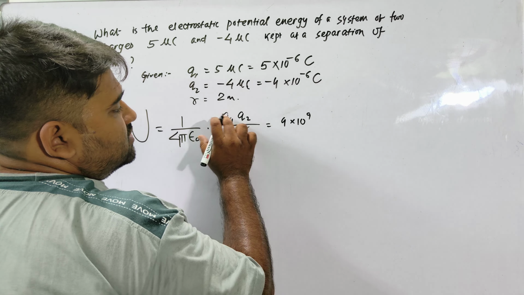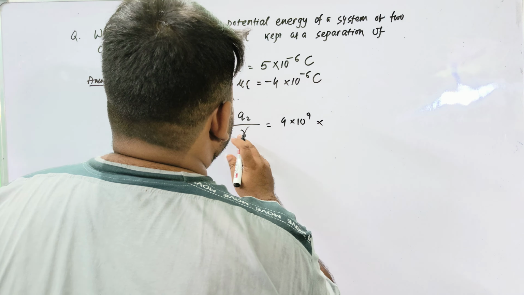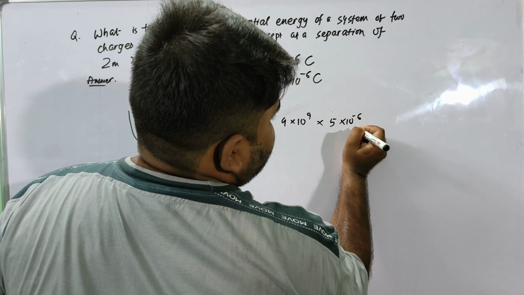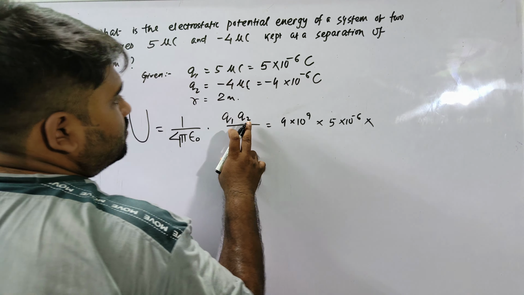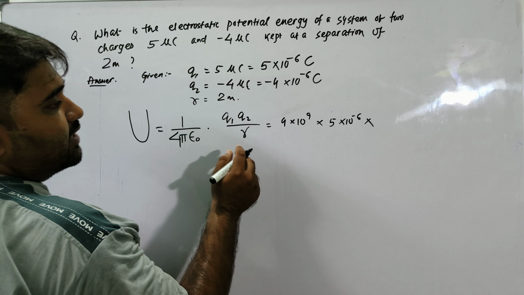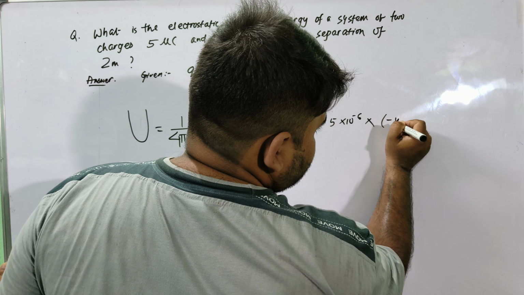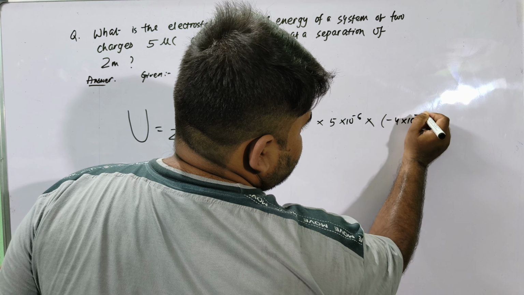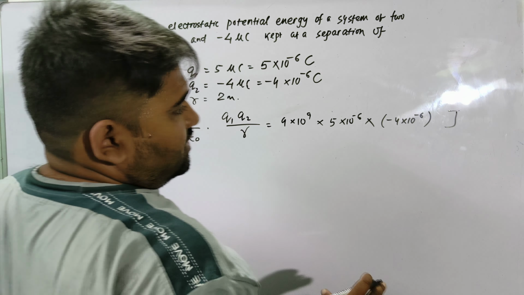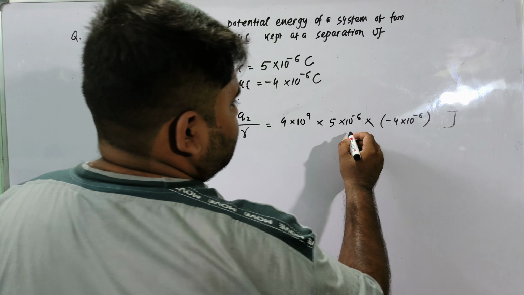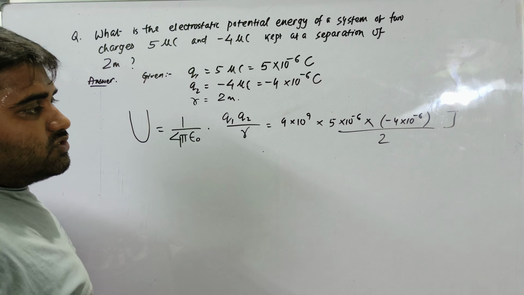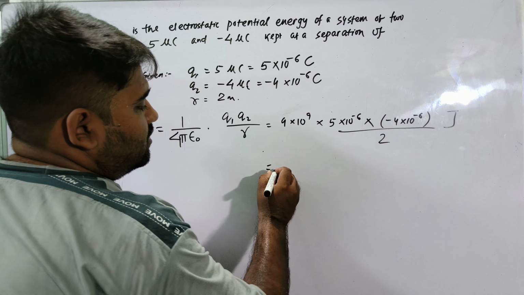Now put these in their places. Q1 is 5 into 10 raised to the power minus 6, multiplied by q2. It's important that you mention the negative sign also: minus 4 into 10 raised to the power minus 6. At last you mention the unit of energy, divided by R, which is 2. So this is our answer.